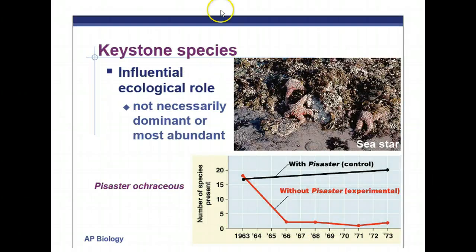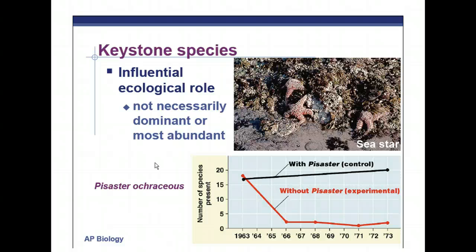The other example we had for keystone species was the sea otters. Sea otters are a keystone species because they suppress sea urchin populations, and if the sea otters aren't present, the sea urchins just kind of take over everything, leaving nothing for anyone else, dropping the seaweed population, dropping the food supply for other organisms.